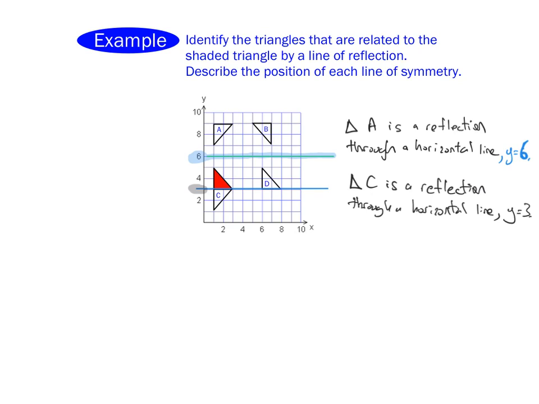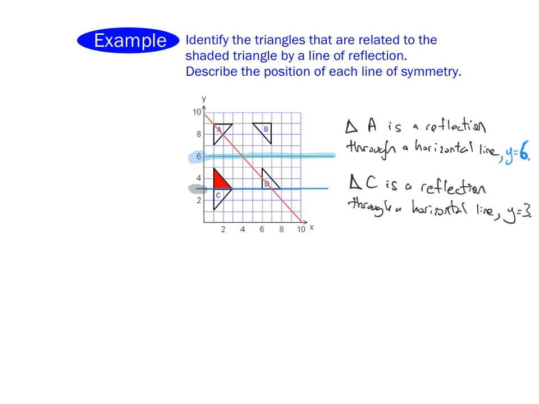Now, we're going to look at triangle B. Triangle B would be produced if we reflected the red triangle through the line that I just drew.